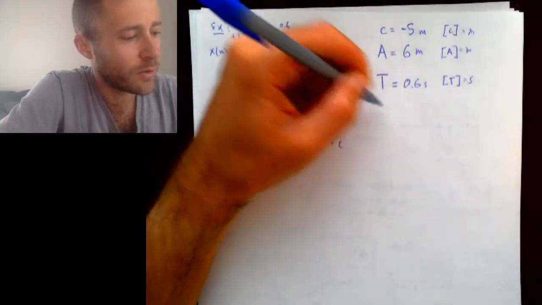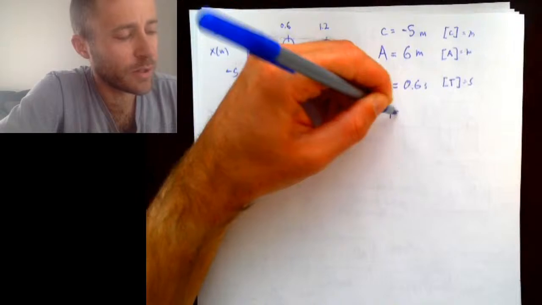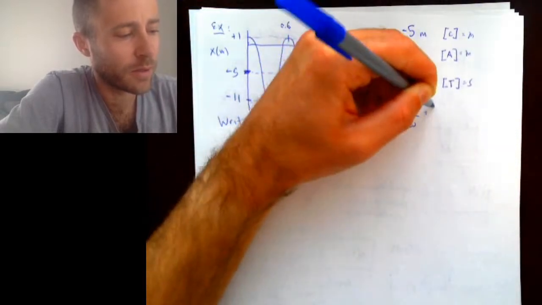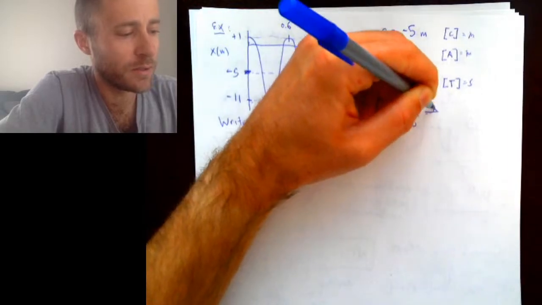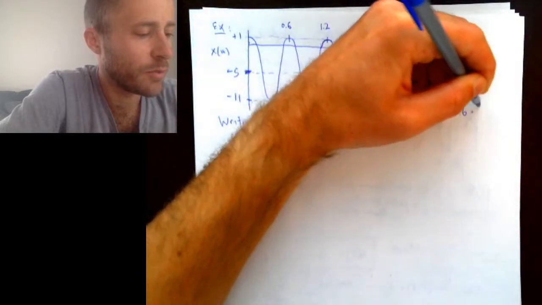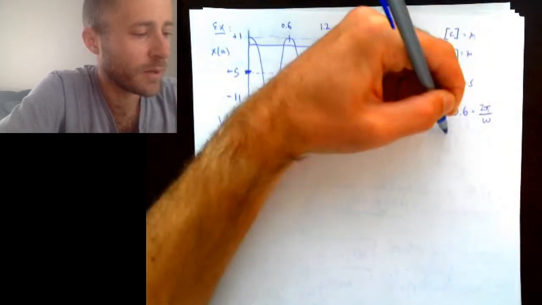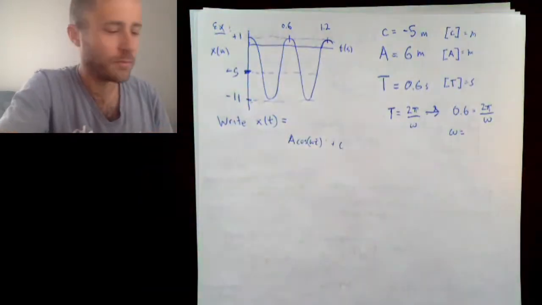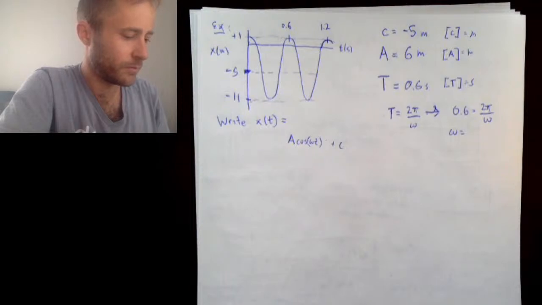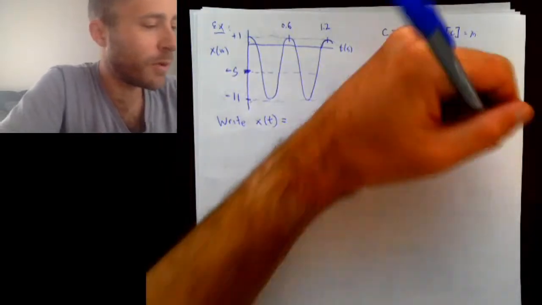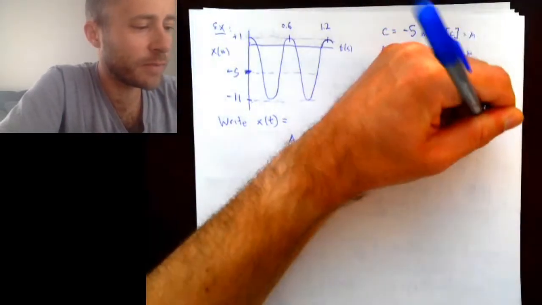What that means is that our period is related to omega by 2 pi over omega. So 0.6 is 2 pi over omega, which tells me that omega is 10.5 radians per second.